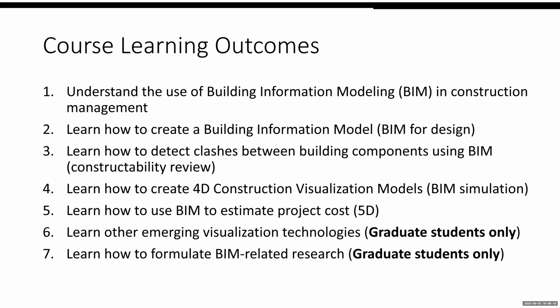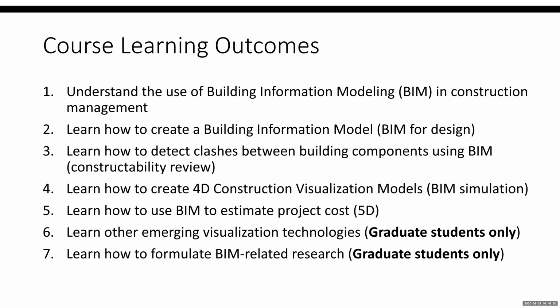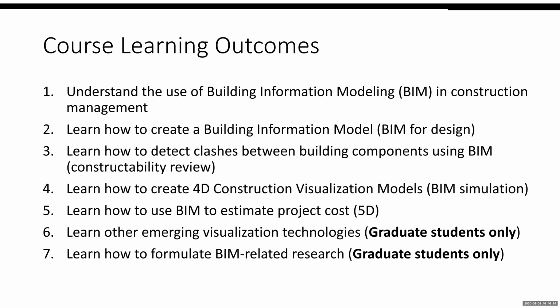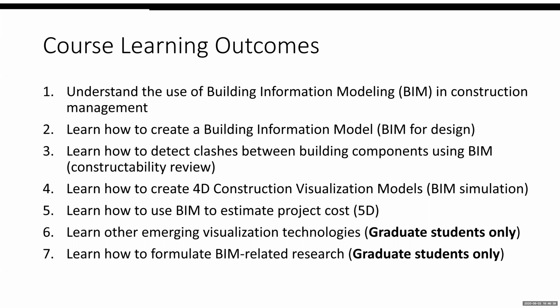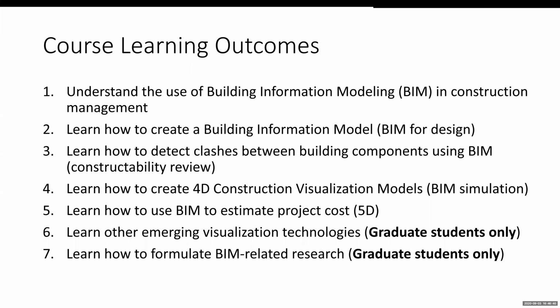So I have seen many times that the light fixture is here, and the sprinkler system is right above the light fixture, because they don't talk to each other. That's called a clash. And so BIM is also used to detect the clashes, so we can make phone calls to everybody, saying, hey, can you resolve the clashes before we're actually building the thing, all right?